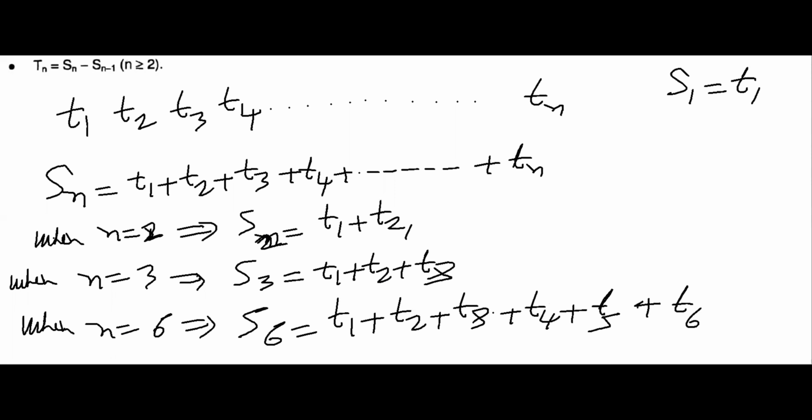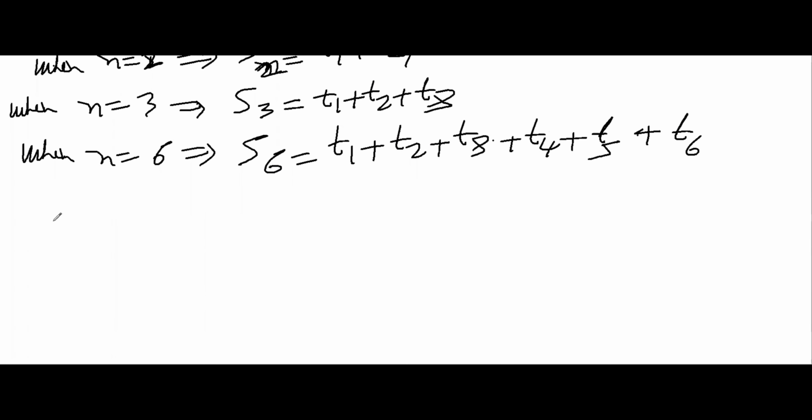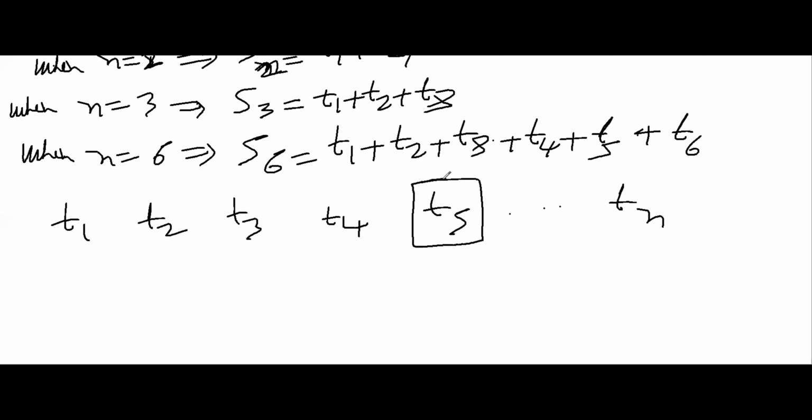And if you want to find, say you have term 1, term 2, term 3, term 4, term 5, and say term n. And if you want to find Tn, meaning T5, if you want to find term 5, what will you do?